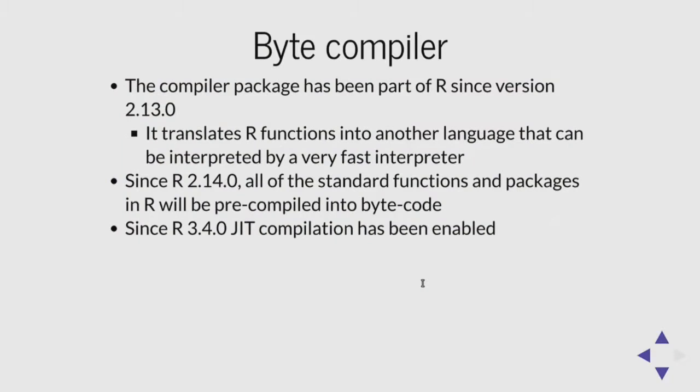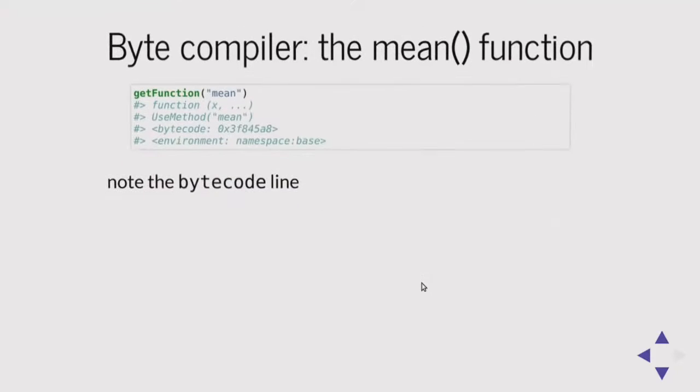Line 3, the bytecode, right? So that's saying that this package has become compiled. On the previous slide, all standard functions and packages in R will be pre-compiled. So if you look at any function that comes with base R, you'll have that second last line saying bytecode, right? And then some sort of hex number after it, okay?